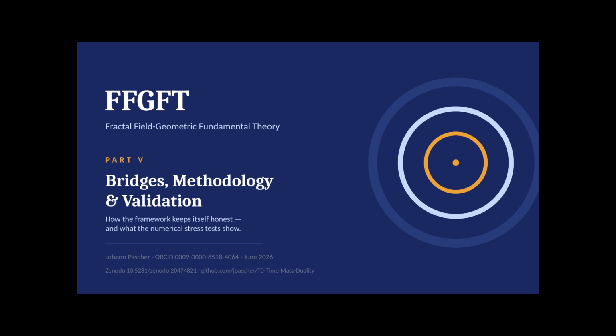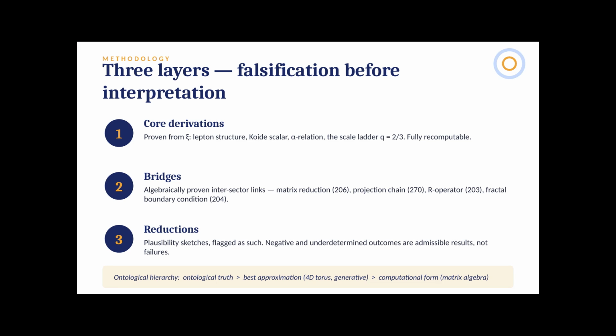Let's look. Slide 46. The whole corpus is organized into 3 honesty layers. Layer 1, the core derivations, things proved straight from Greek x: the lepton structure, the Koide number, the alpha relation, the 2/3 ladder. Fully recomputable. If something breaks here, the theory breaks.